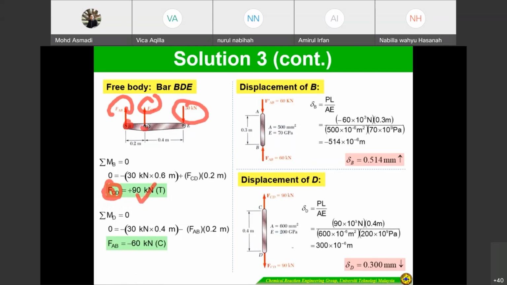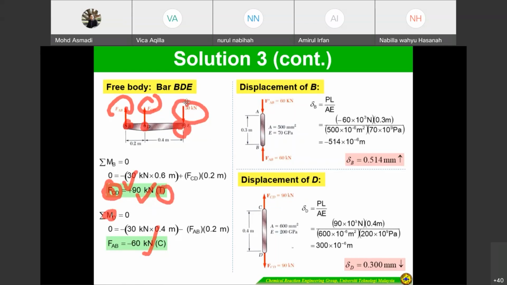For point D, or point E, it's also possible after you determine FCD. It doesn't matter whether it's point D or point E; you will get the same answer, 60 kilonewtons. This one is negative, meaning compression, and this one is positive, tension.